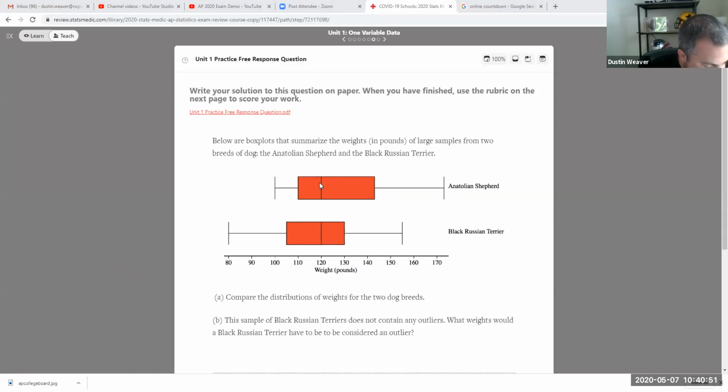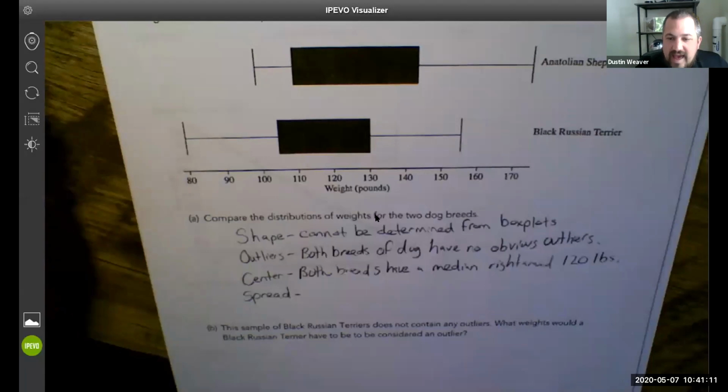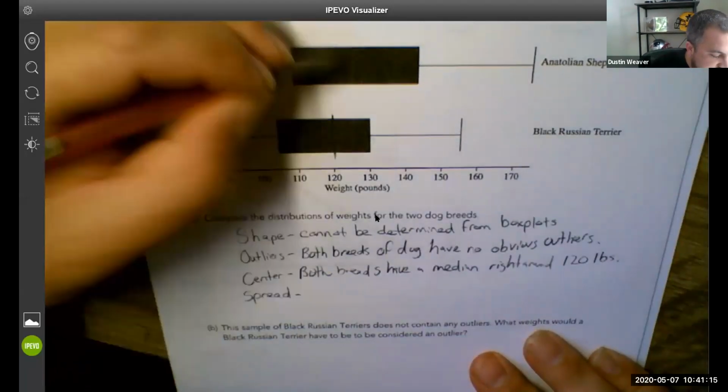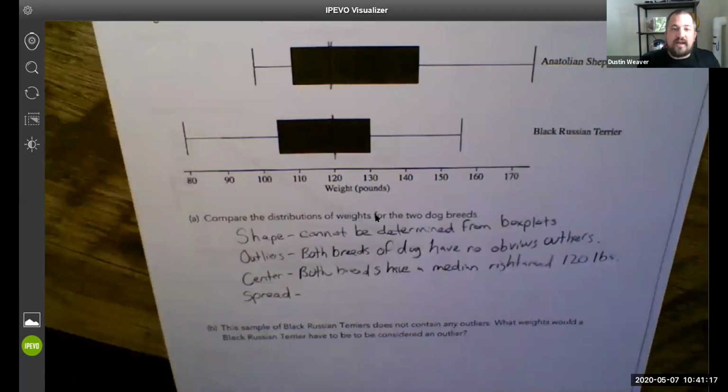Both breeds have a median right around 120 pounds. So both breeds have a median of right at 120 pounds. That's where their median value is. So if you can't see that on your printout, you can mark it there as well.